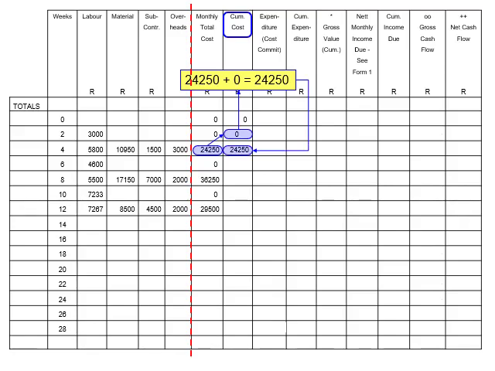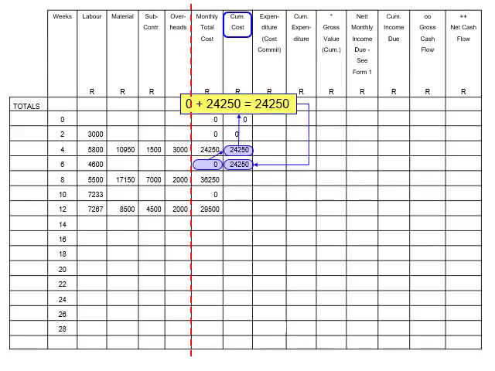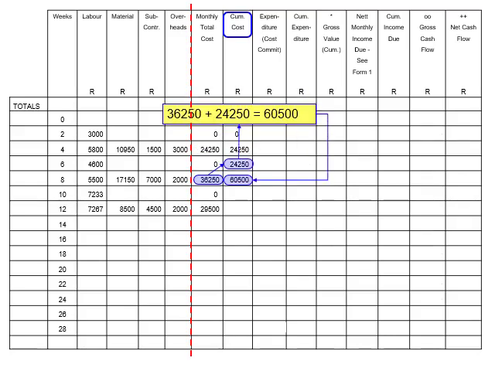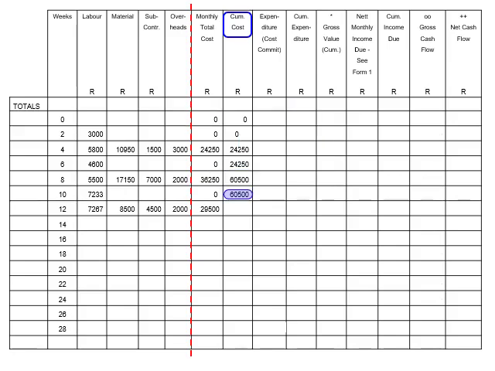This process is repeated for week 6, again resulting in a cumulated cost of 24,250 Rand. Do the same for week 8, which results in a cumulated cost of 60,500 Rand. And the same for week 10, with 60,500 Rand, and week 12, with 90,000 Rand.